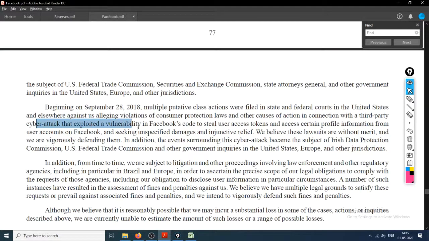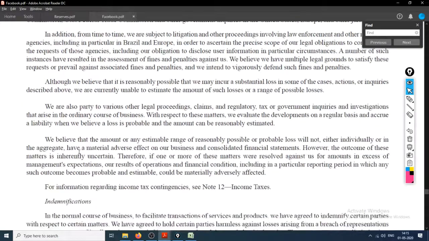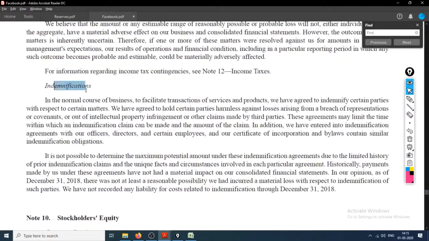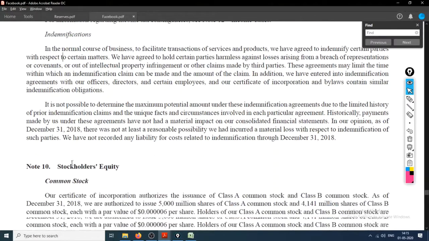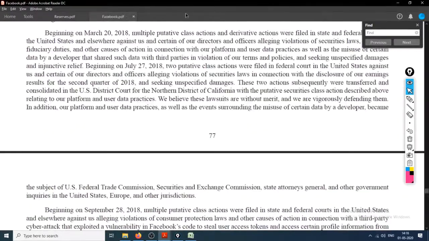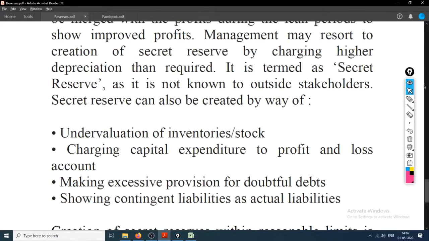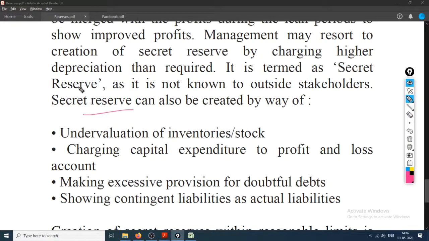A cyber attack that exploited a vulnerability in Facebook's code to steal user access tokens. Another attack in September. Indemnifications in the normal course of business. You can go ahead and give it an extensive read if you want.